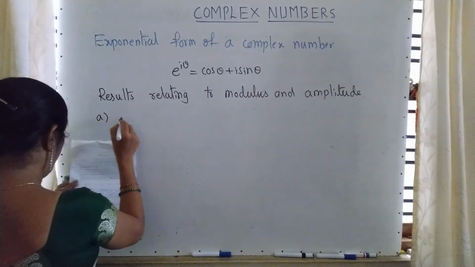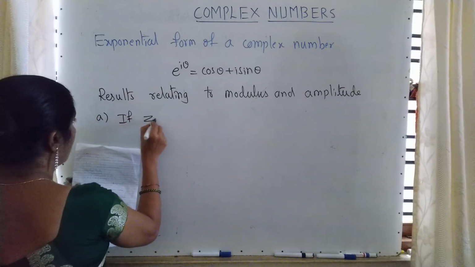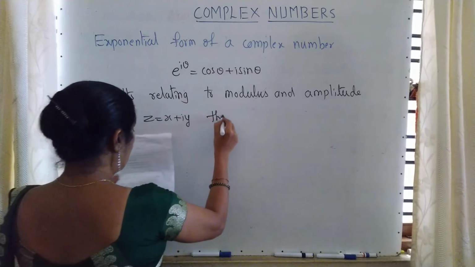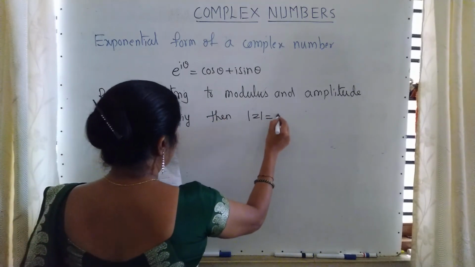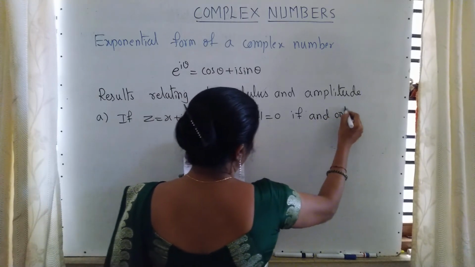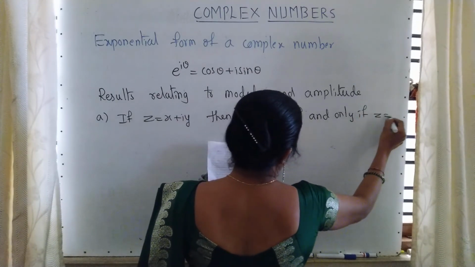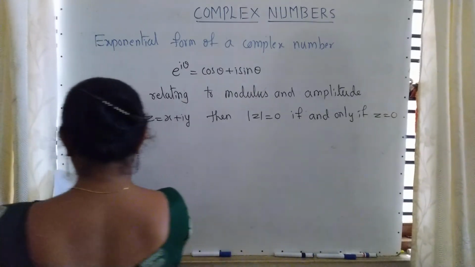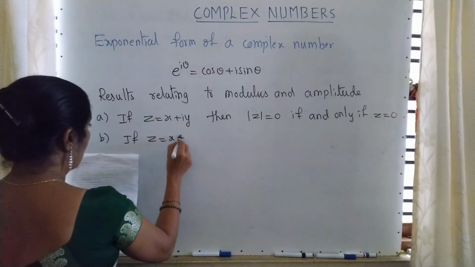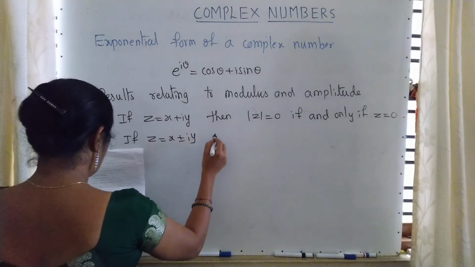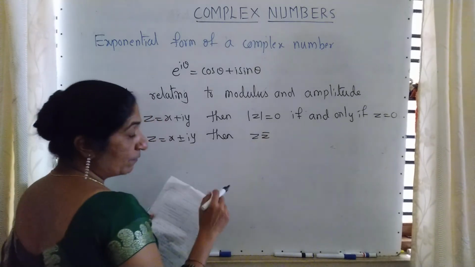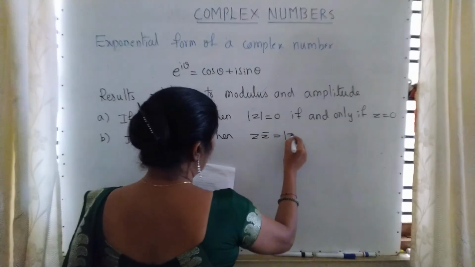First one: if z is equal to x plus iy, then mod z is equal to 0 if and only if the complex number is 0. Second one: if z is equal to x plus iy, then z into z bar, any number with its conjugate, gives you mod z whole square.